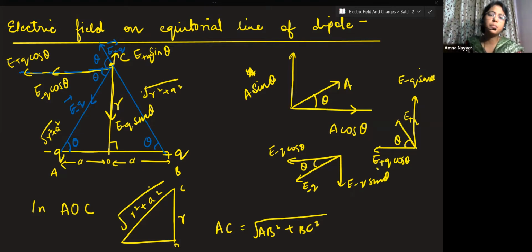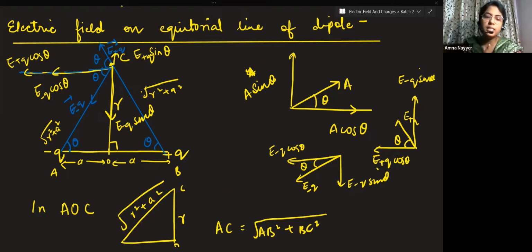See, y-axis means this axis. This is your y-axis. All right. We have resolved electric fields in y component, in x component as well. This was our original electric field. So we have resolved them. E minus q cos theta, E minus q sin theta. Then we resolved E plus q as E plus q cos theta and E plus q sin theta.